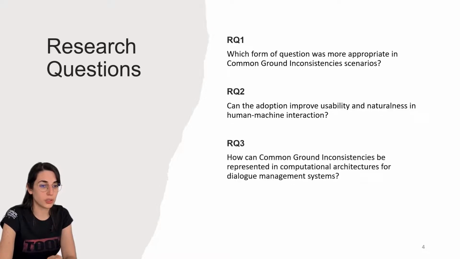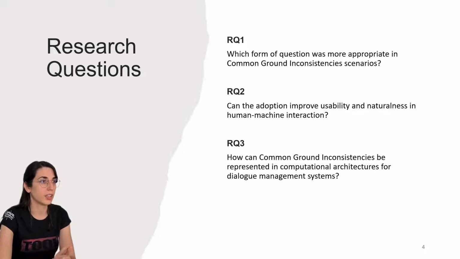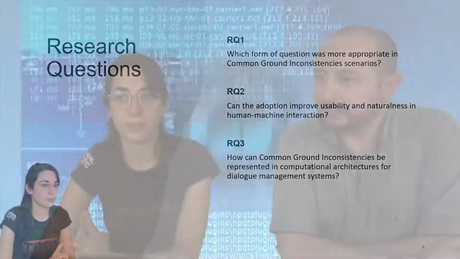The third research question: how can common ground inconsistencies be represented in computational architectures for dialogue management systems? In this case, we actually used Fantasia, and we'll explain later how this was done.